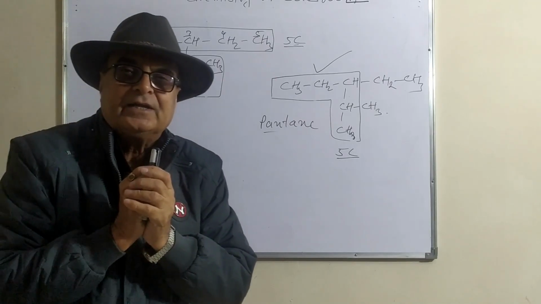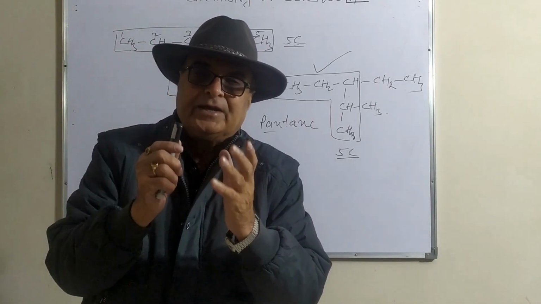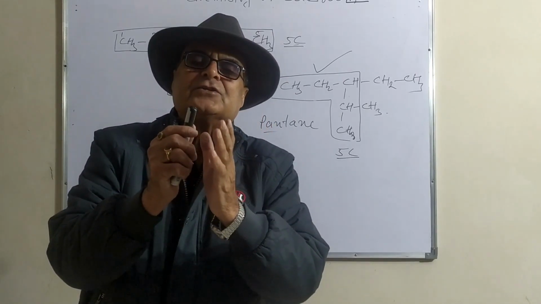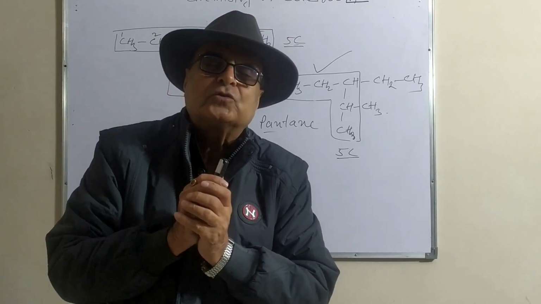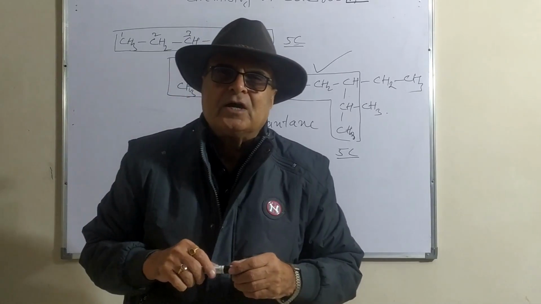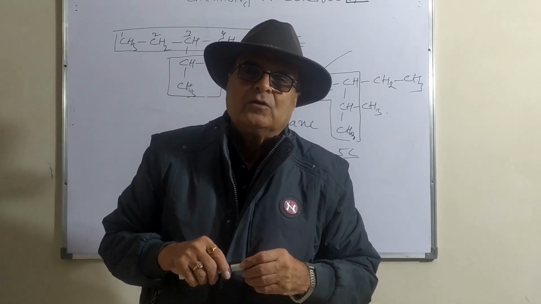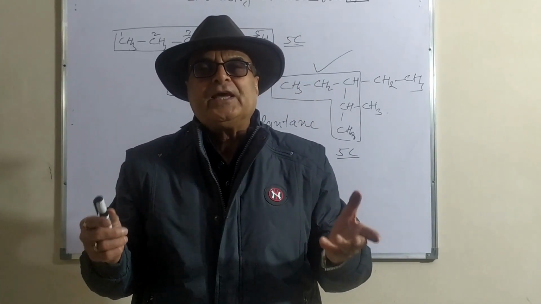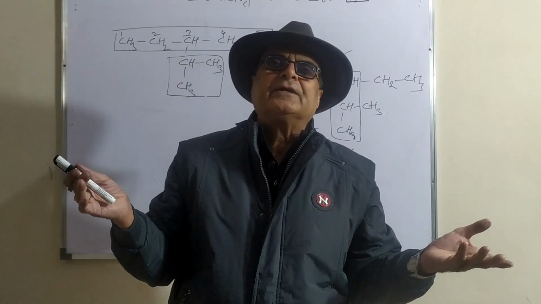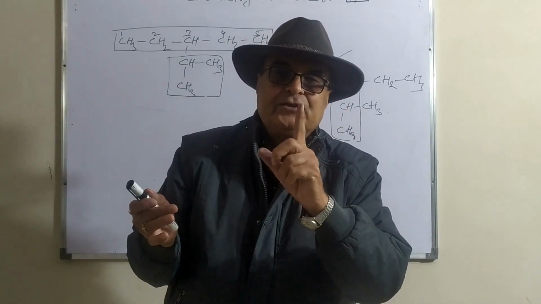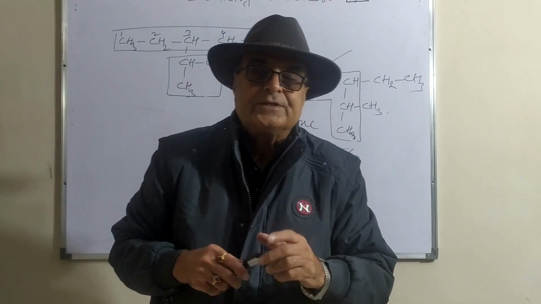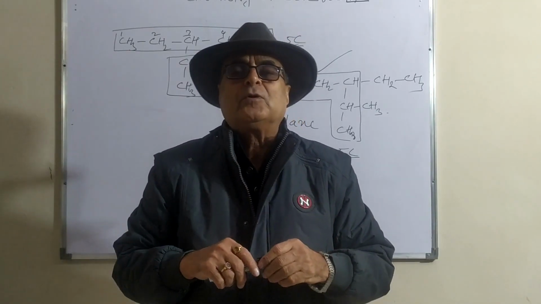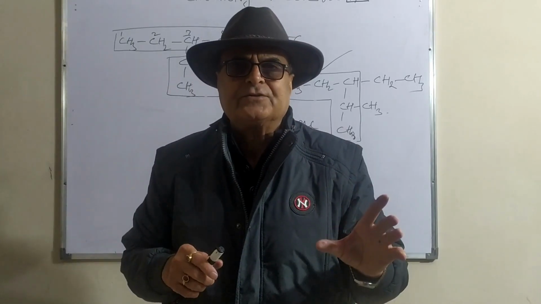So here you find that there are two similar chains having the same number of carbon atoms. The question arises: which chain will be selected, because both chains have the same number of carbon atoms. So now I am telling you the most important rule: always the chain that has the maximum number of substituent groups will be selected.